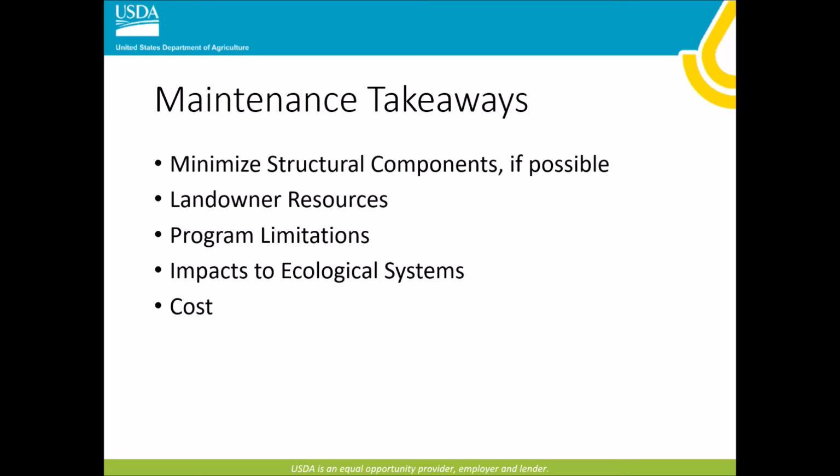So keep in mind that how and when the site is accessed is going to play a very vital role. And then the last and most critical is the cost. Unfortunately, it's not cheap to maintain a lot of these structural components, and many times our conservation programs don't do a lot to help us offset the cost of maintenance on these structures.